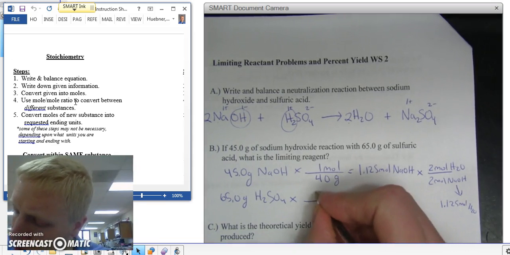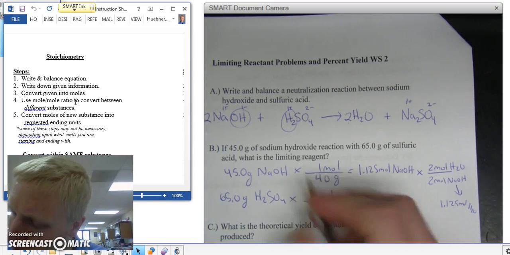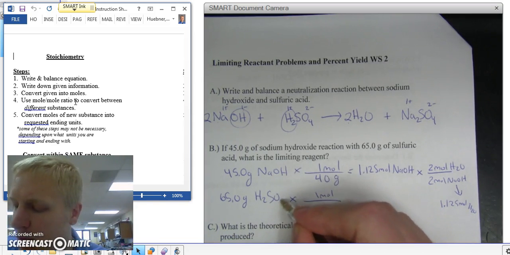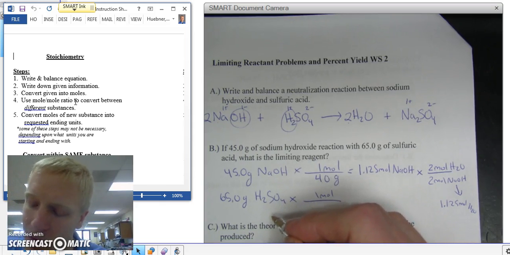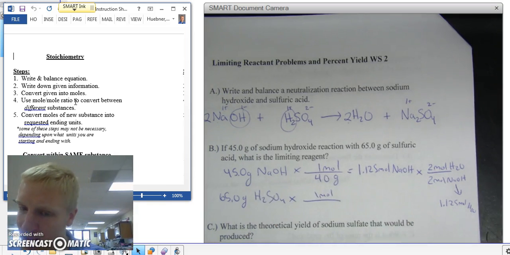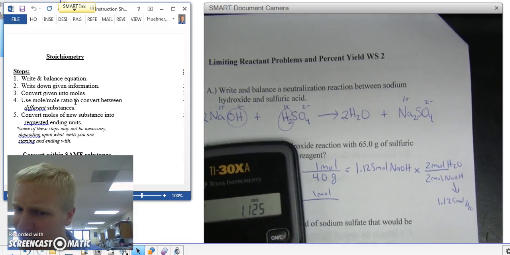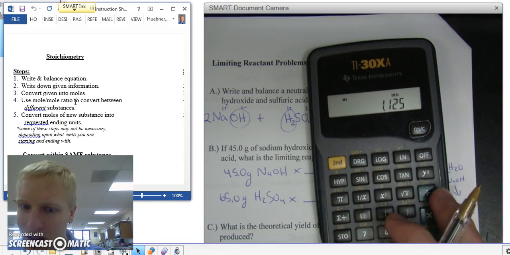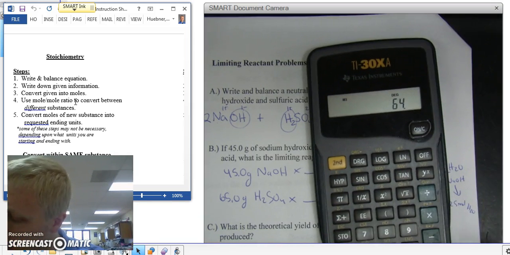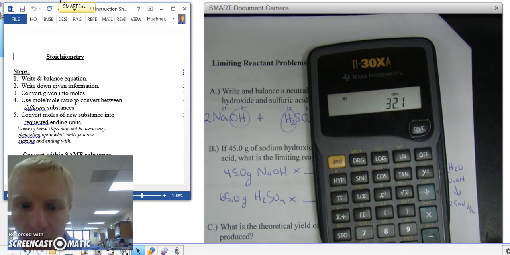Alright, we've got 1 mole over 98 grams. Let's double check. 16 times 4 for oxygen is 64, plus 32, plus the 2 hydrogens. Why don't we just type that in our calculator just to be sure. 64 plus 32.1 plus 2 is 98.1.